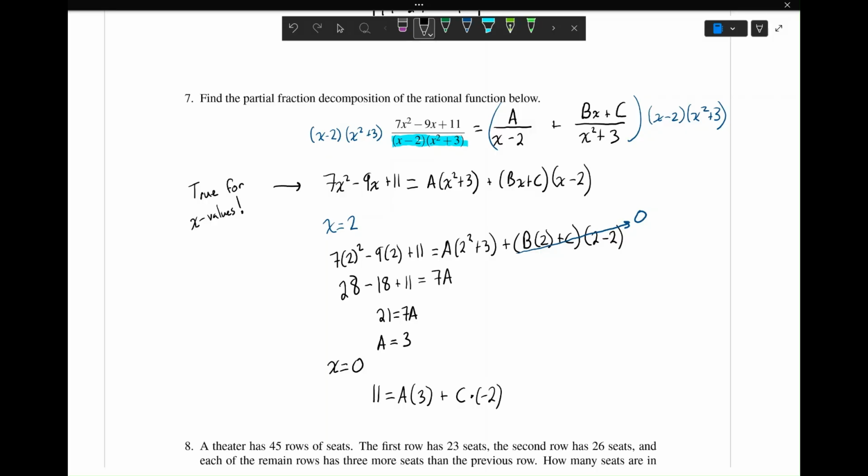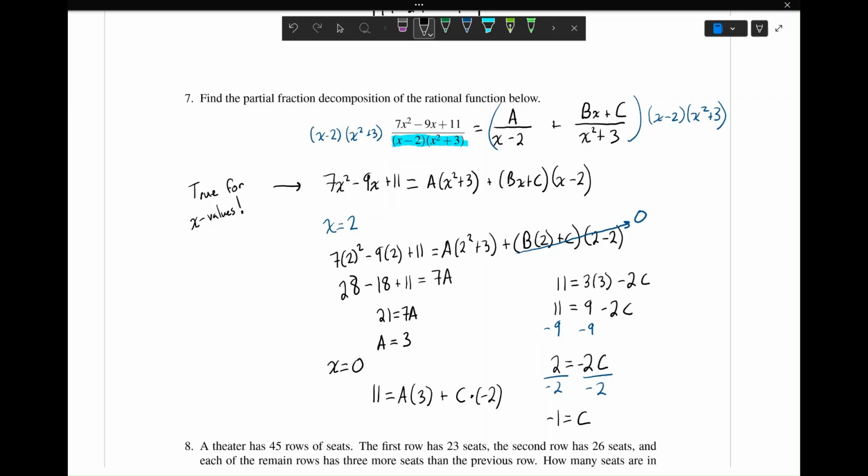Now, at first glance, this looks like we have two variables, but we know what a is. So I get 11 equals 3 times 3 minus 2c. So 11 equals 9 minus 2c. I can subtract that 9 from both sides. So I get 2 equals negative 2c. I divide by that negative 2. And we have negative 1 equals c.